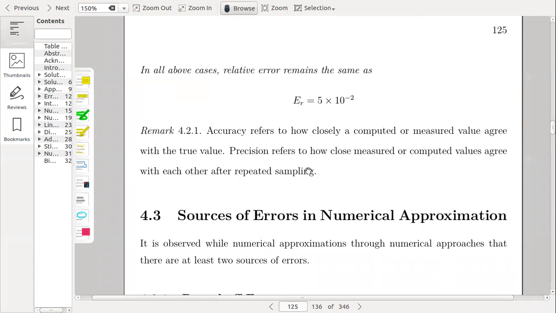Precision refers to how close measured or computed values agree with each other after repeated sampling. So what is the precision? Precision is the difference between the measured values, and the accuracy is the difference between the measured value and the true value.